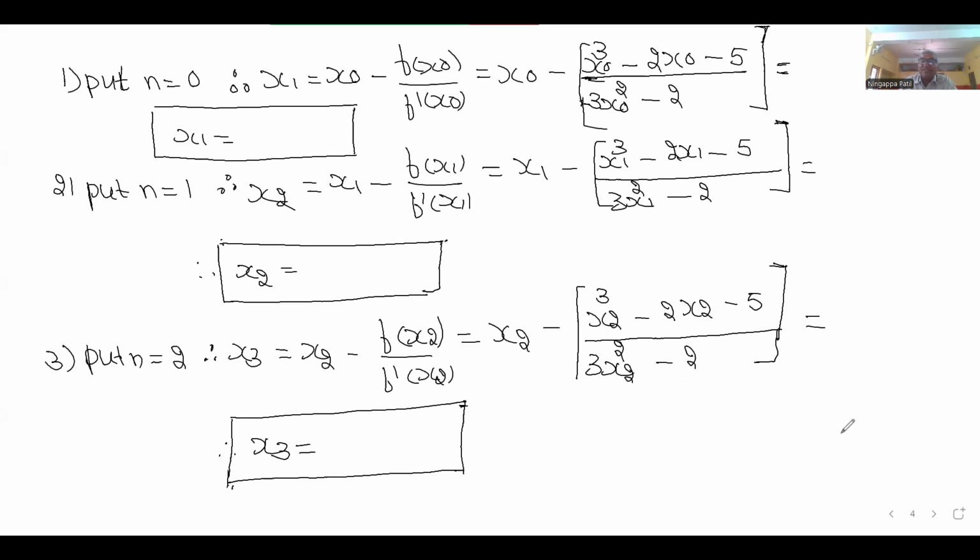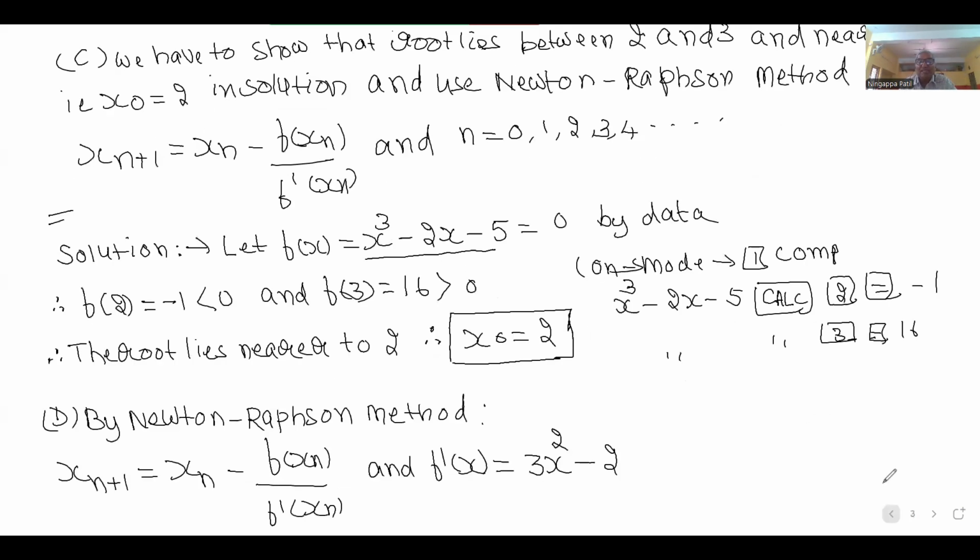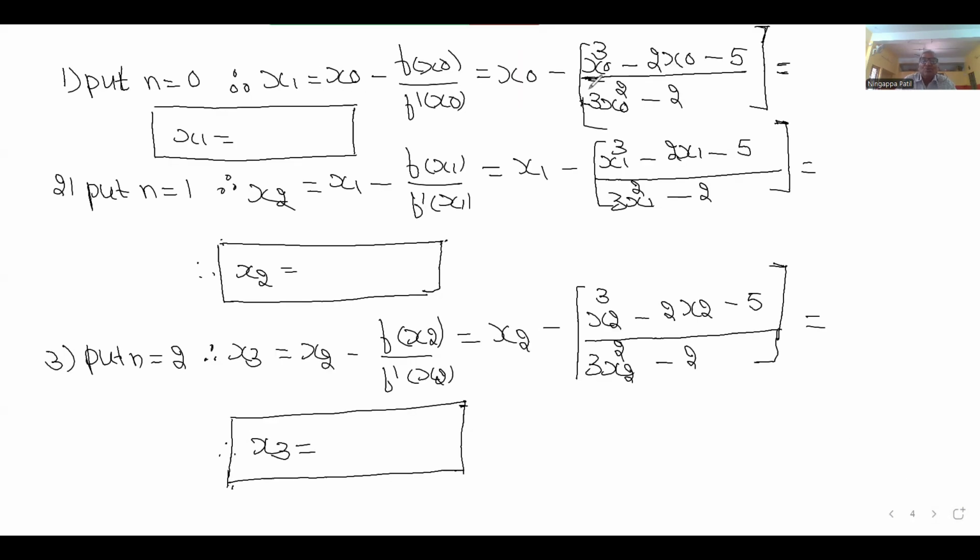What is x0? You know this: x0 is 2. You have to put 2 in every place. Now, on the calculator, x0 is 2.